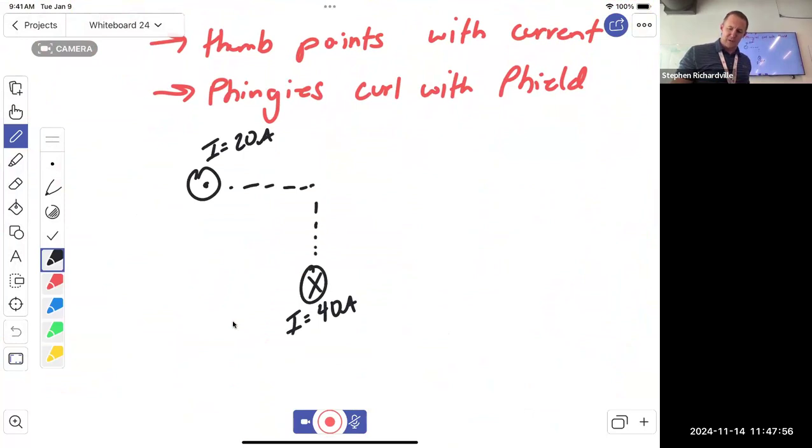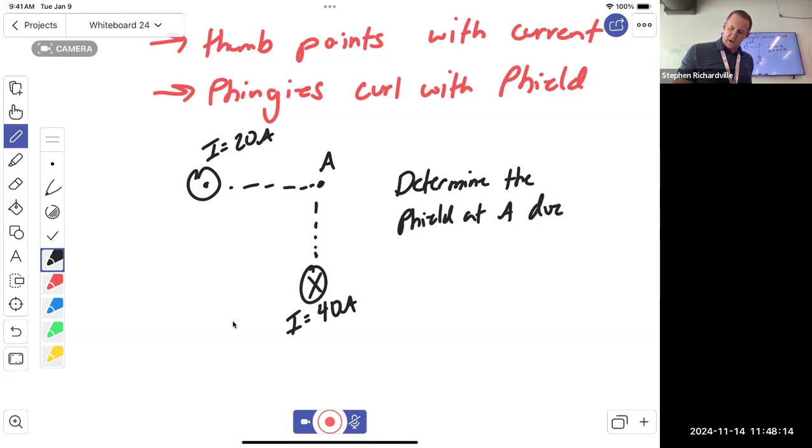I need to do force a little bit, as we have a fairly ambitious day today. I just want to set you up for direction. How do you approach it when you have two wires? Because your homework doesn't have just one wire. We're going to jump in a little bit more into that.